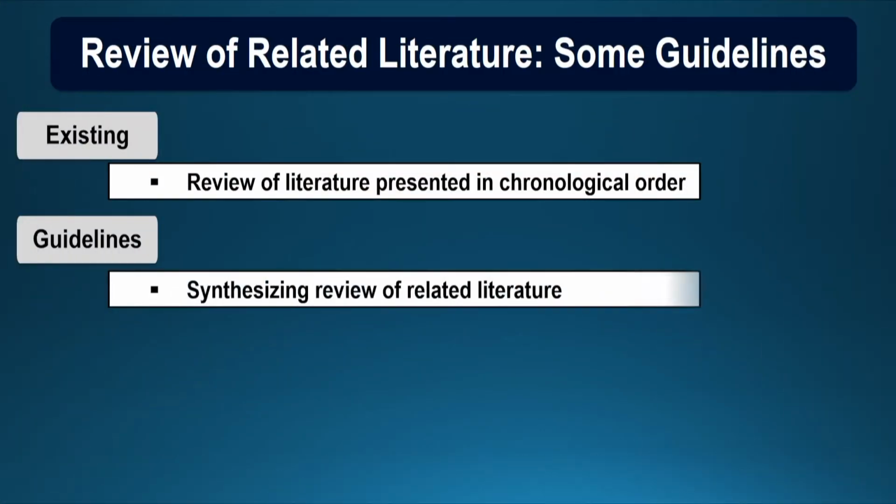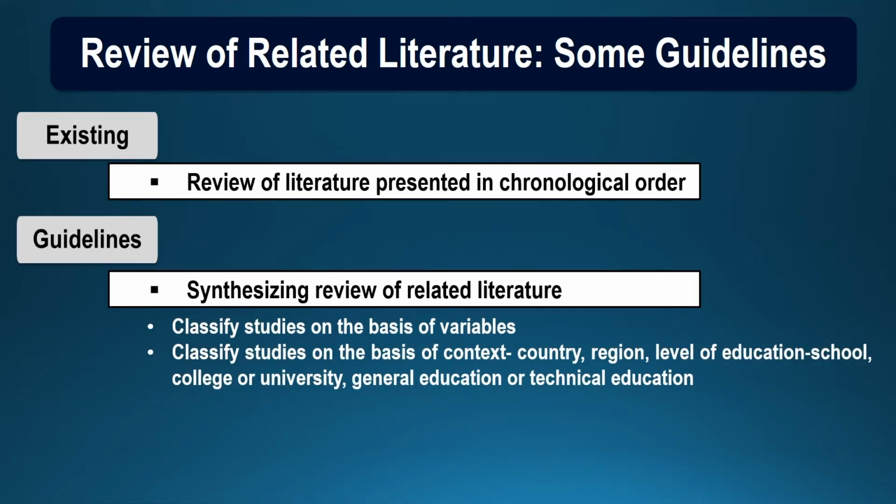So what needs to be done? This is the most crucial step, that is synthesizing the past work. Here you can classify the studies on the basis of the variable. Variables become the basis for organizing the studies, and next is whether the study has been conducted in the Indian context or outside.